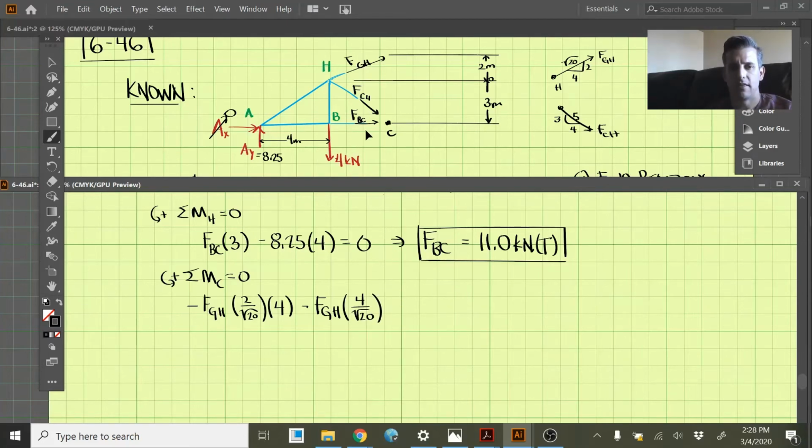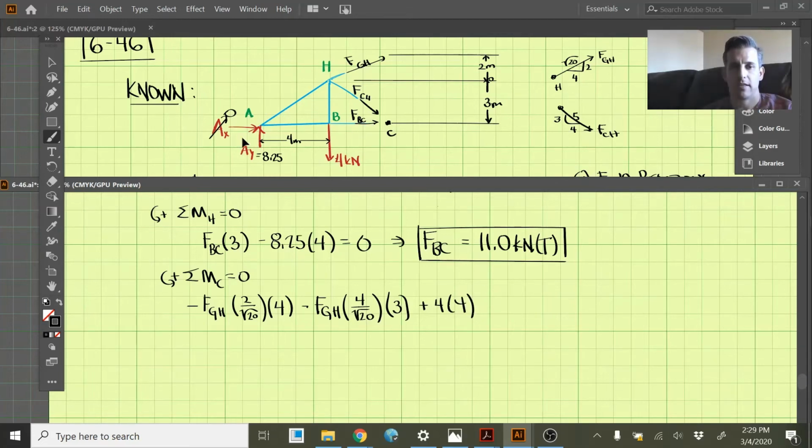And the distance away from C to H is 3, this 3 here. Okay. So that should be it for FGH. We need to take into account the 4 kilonewton force here. In our moments around H, 4 was actually passing right through H, so we didn't need to account for that. But now we need to, because C is over here, and that's going to create a counterclockwise moment, so that's going to be positive. So we have 4 kilonewtons, and it's acting a distance away of 4 meters.